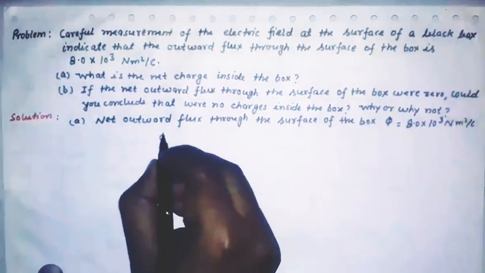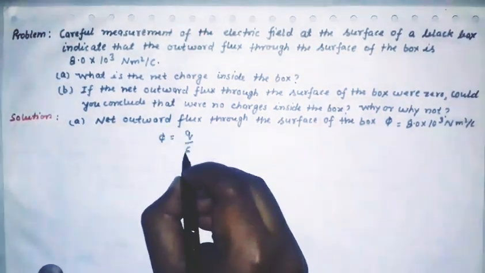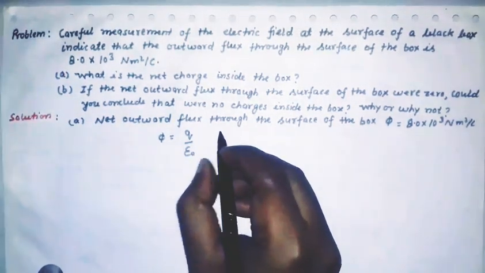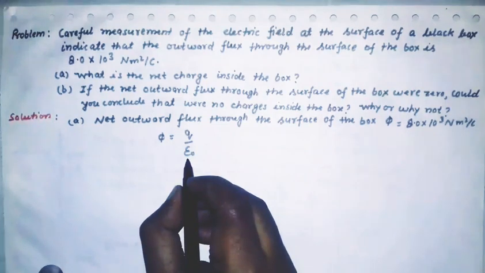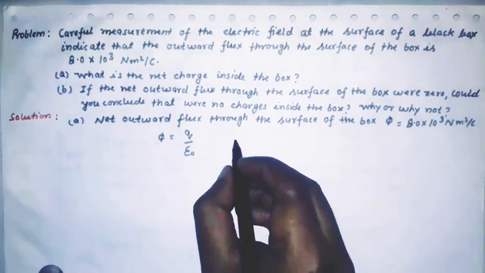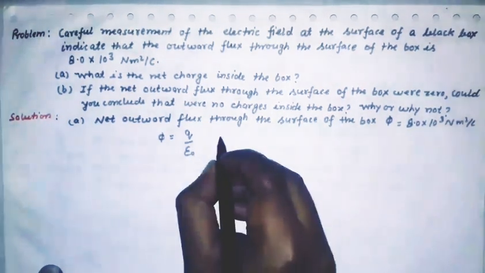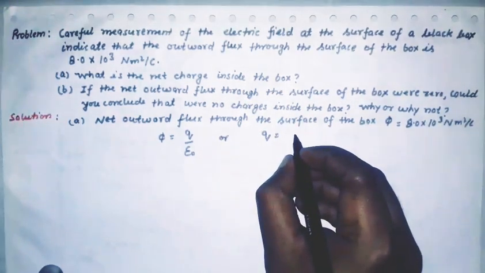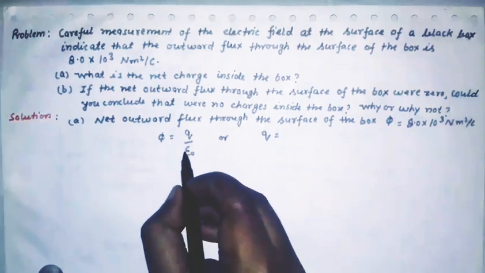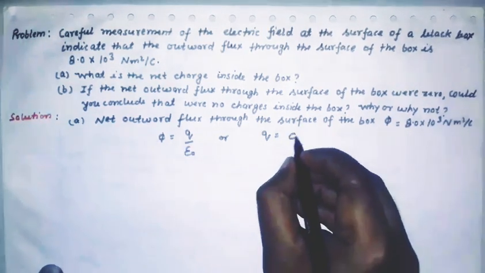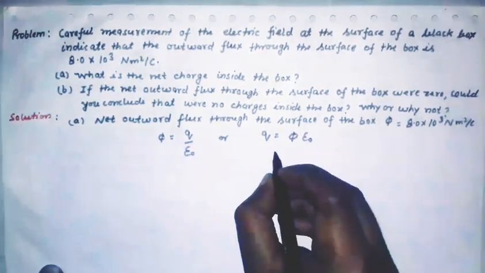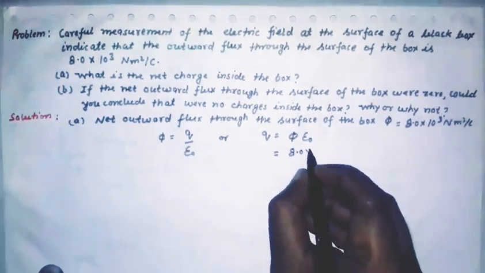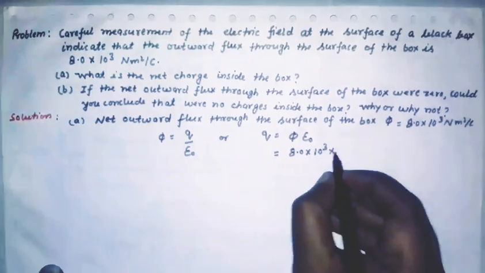And we know that phi equal to Q upon epsilon naught using Gauss theorem. Here epsilon naught is the permittivity of free space, or we can write it as Q equal to phi into epsilon naught. So phi is given and epsilon naught is a constant, which is known to you.